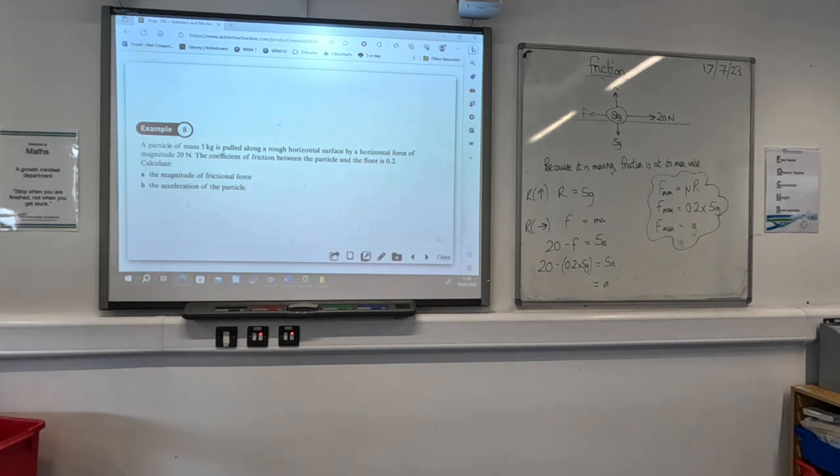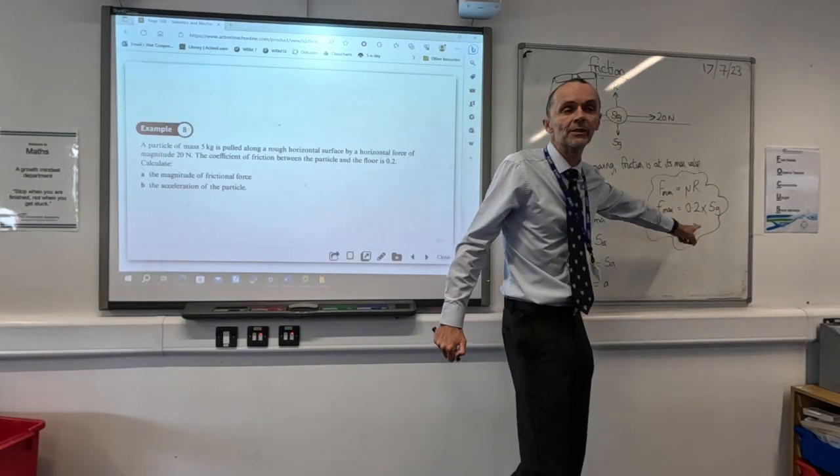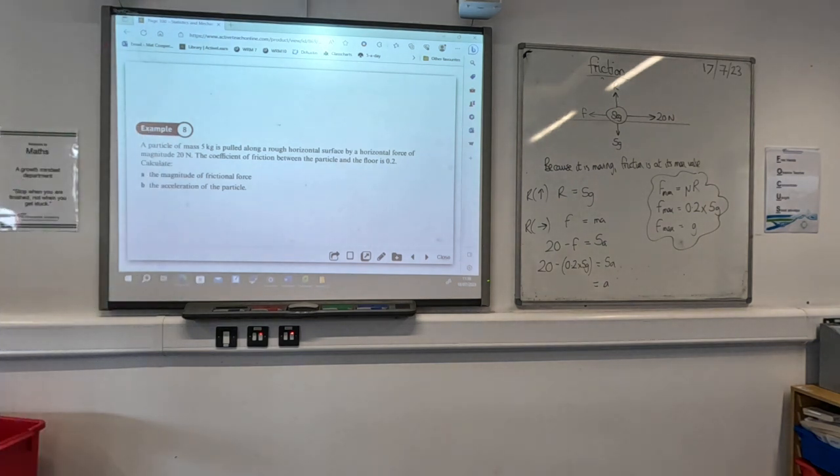How did I know that this was a motion one? Well, we were told, but even if we weren't told, 20 newtons is more than 9.8 newtons. So even if I hadn't been told it was moving, I could have calculated that it was going to be moving because it was being pushed harder than friction could resist.